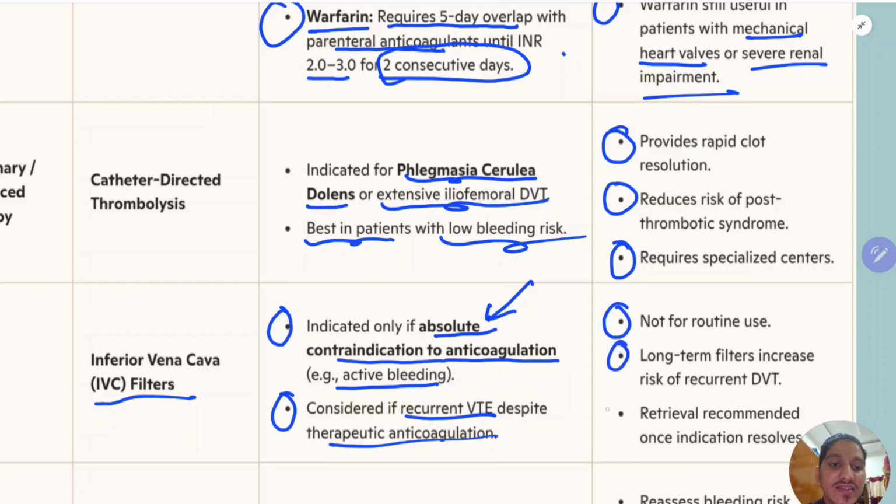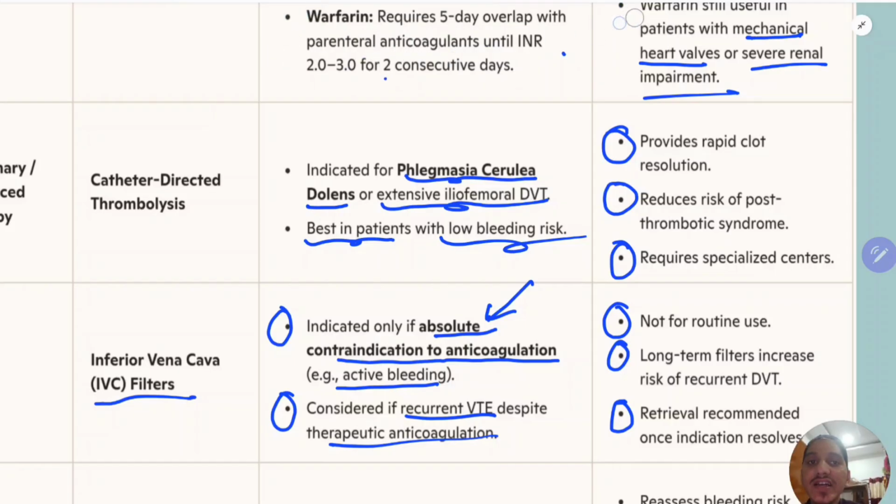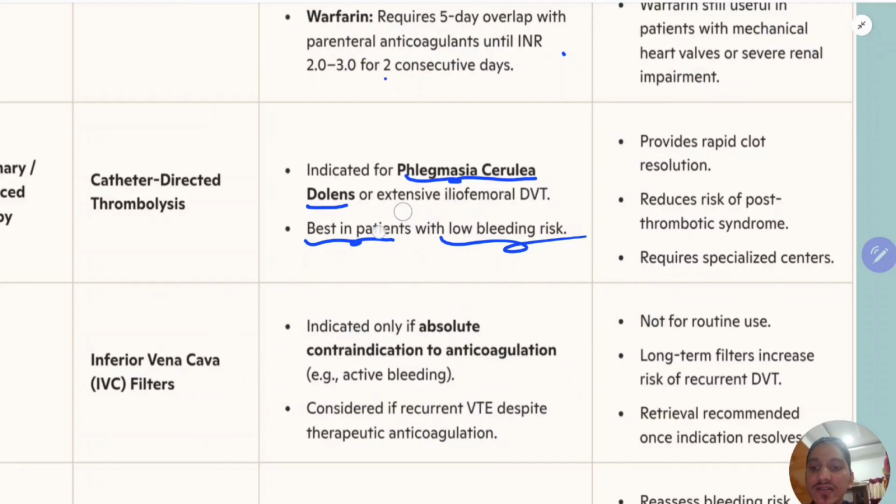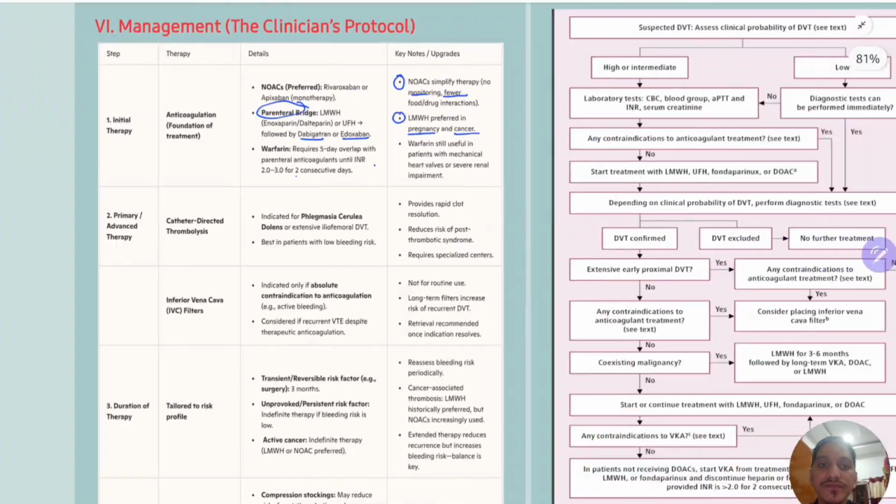Long-term filters increase the risk of recurrent DVT. Retrieval is recommended once the indication resolves. Means if the factor which is causing VTE is gone, then you should remove the filters, because they too have increased chances of risk of recurrent deep venous thrombosis.